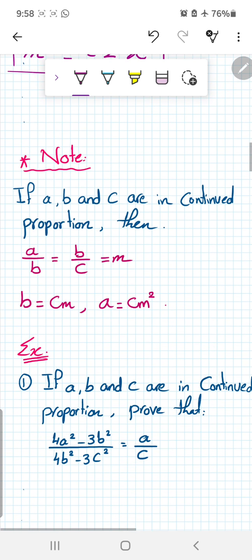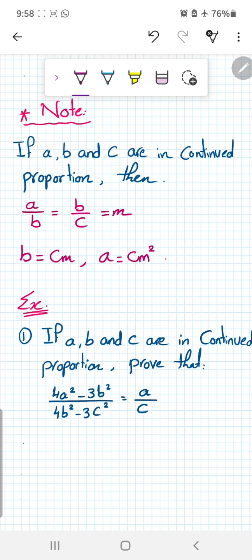Okay, we have a note: if A, B, C are in continued proportion, then as we said, A over B equals B over C equals M, any constant. Start from the last. So B equals CM and A equals BM. Move B and write CM.